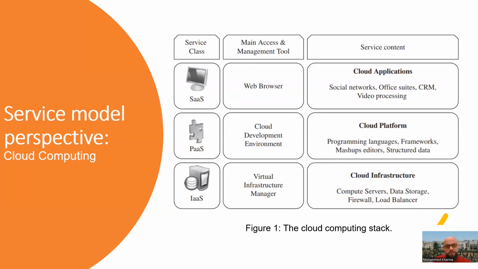For PaaS, there is, for example, Red Hat OpenShift, which is a widely used PaaS service. For SaaS, for example, email clients like Gmail or Yahoo Mail, besides social media network websites.